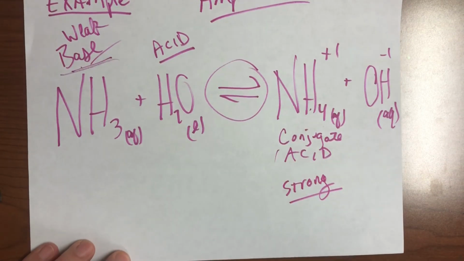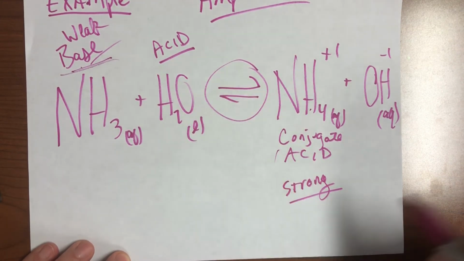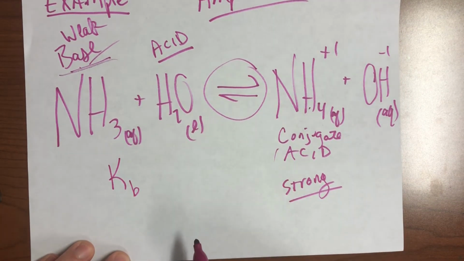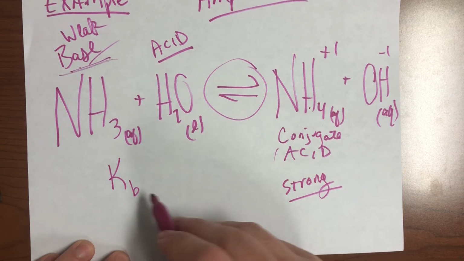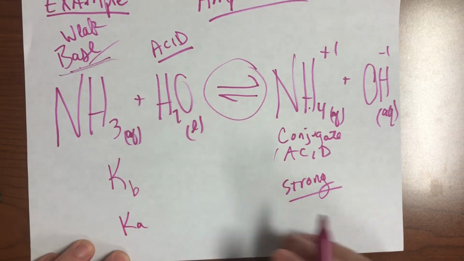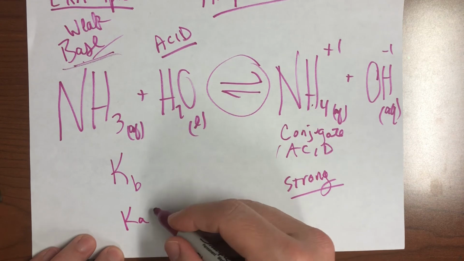And since these are weak, they have these equilibrium reversibles, so we'll see that there are K's associated with this reaction. This is Kb for this reaction, and Ka would be what we would talk about for the earlier example of HF.